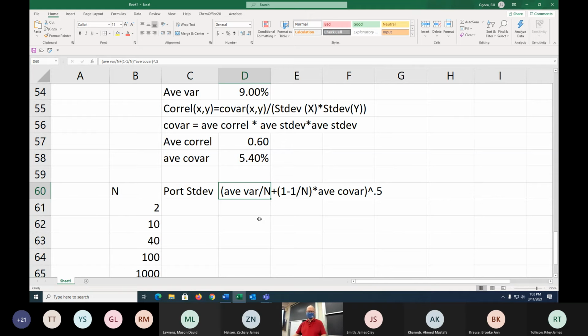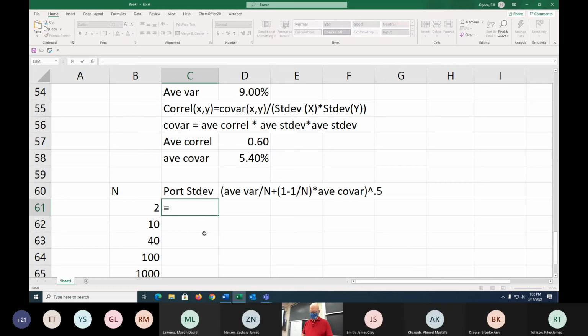So we'll fill it in. Equals average variance.